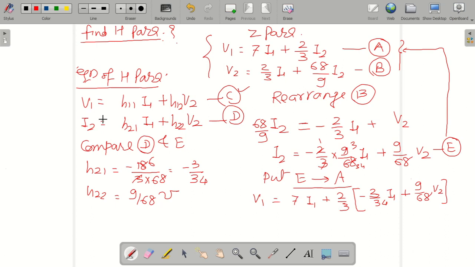So V1 in terms of I1. So V1 equal to क्या आएगा? 7 I1 minus this cancel 2/34 1/17 into 7 और 3 कट गया 1/7 minus 1/17, राइट ना.